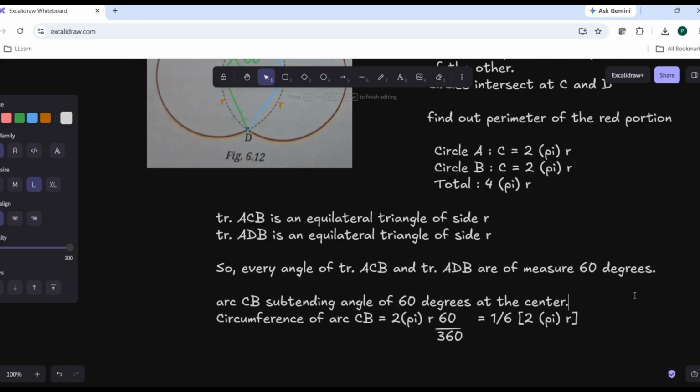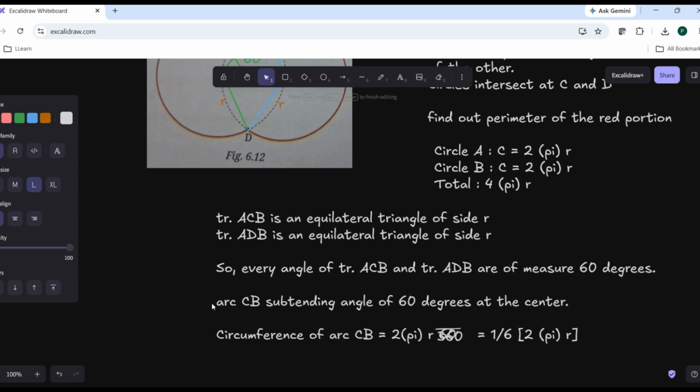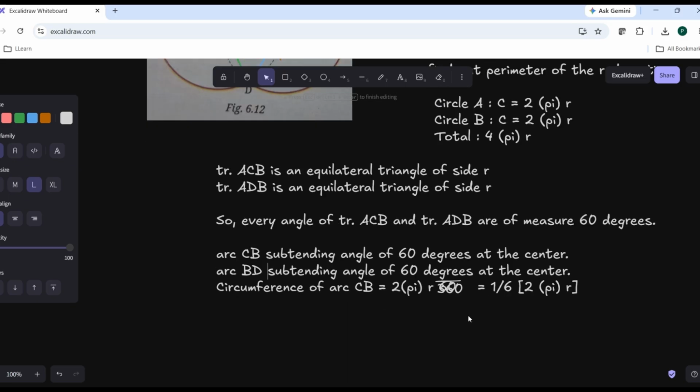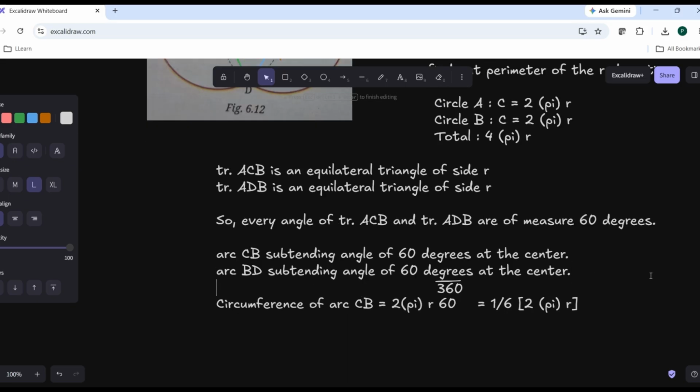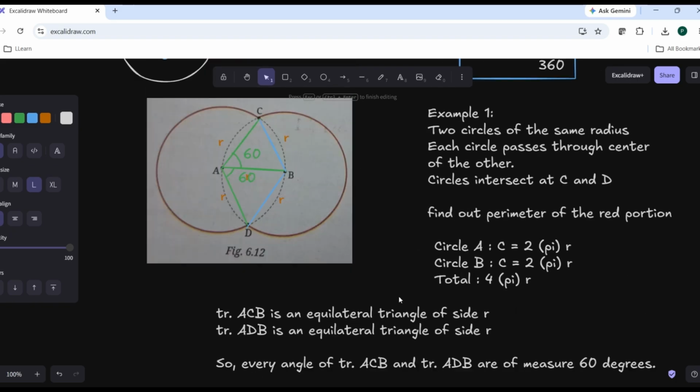I'll break it down so that we understand CB and then BD. So I'll copy this. This will be arc BD. And then, what is this arc CBD?